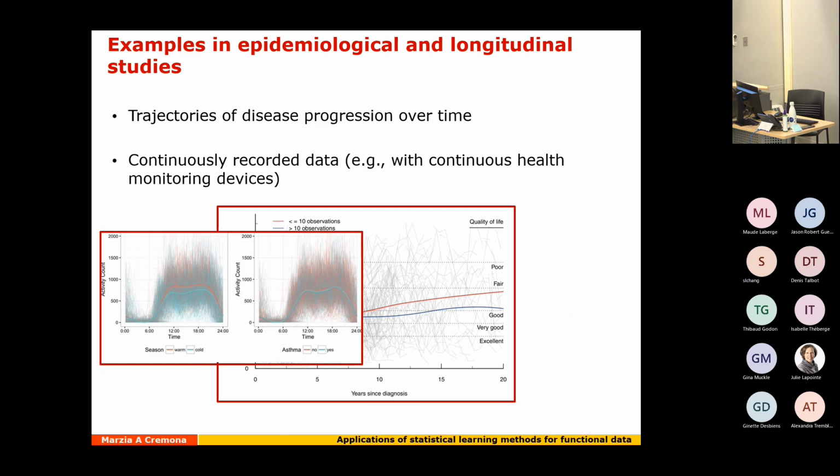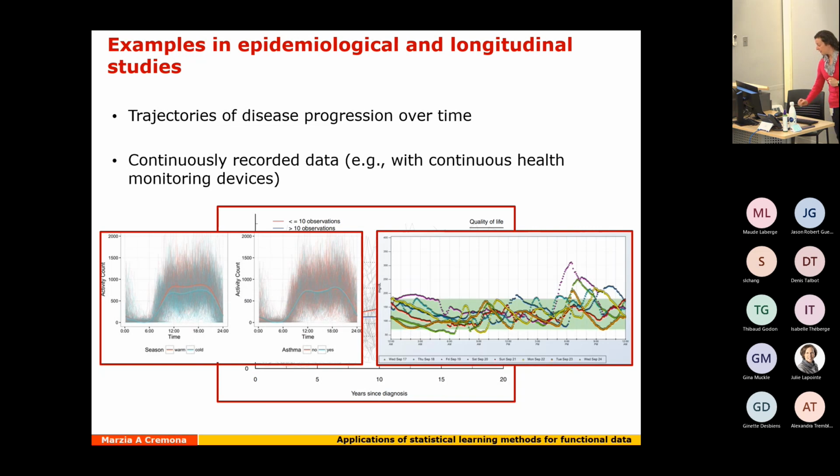And here we have the differences between children with asthma and children without asthma. And one last example, we have again a curve in time, and the measurements in this case are the glucose level measured in continuous time.